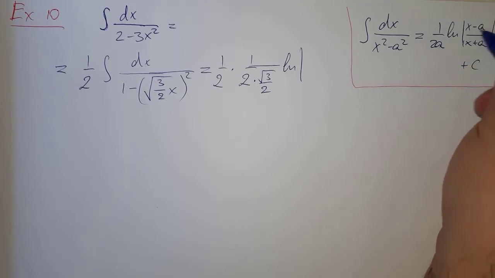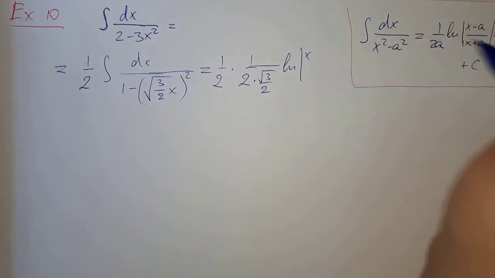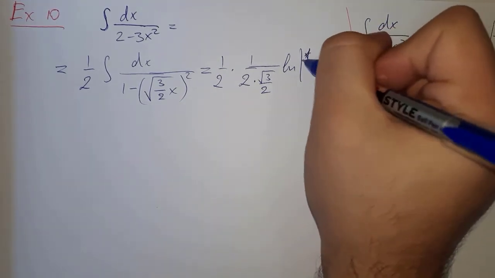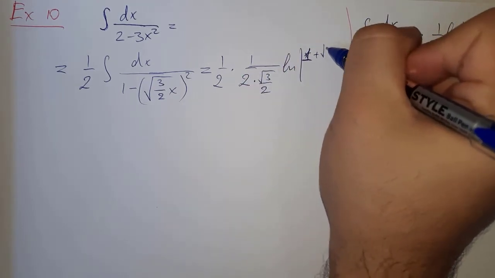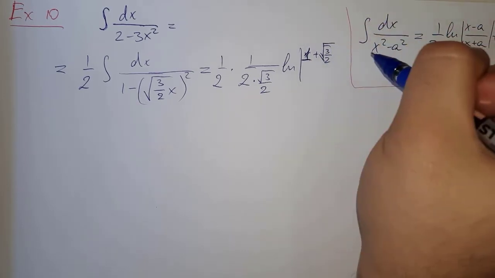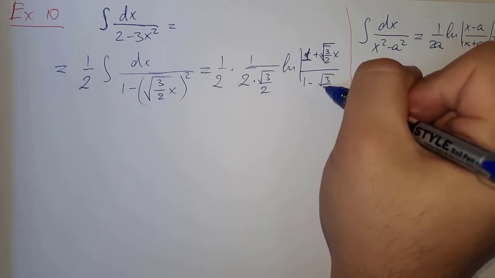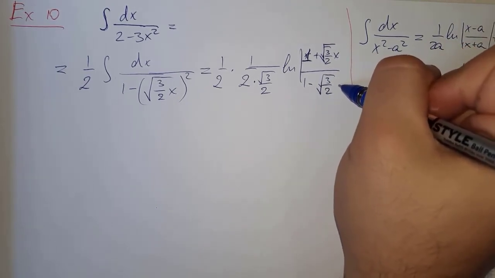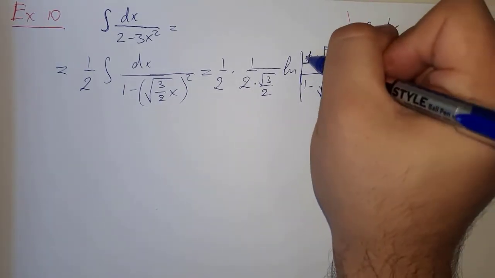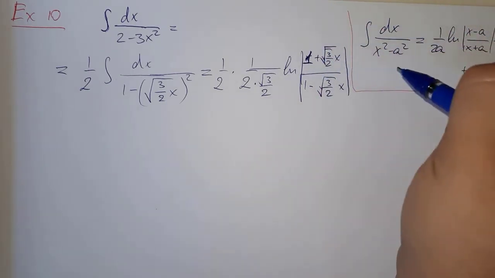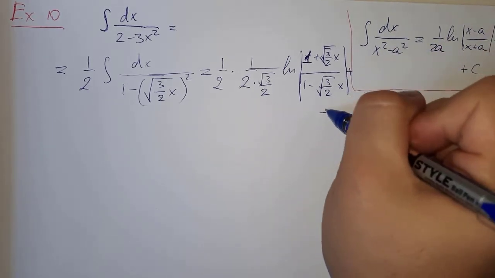So not x minus a over x plus a; from the property of the natural logarithm, it should be x plus a over x minus a. So 1 plus a and 1 minus a in our case: 1 plus square root of 3 over 2 x over 1 minus square root of 3 over 2 x, in absolute value, plus our constant c.